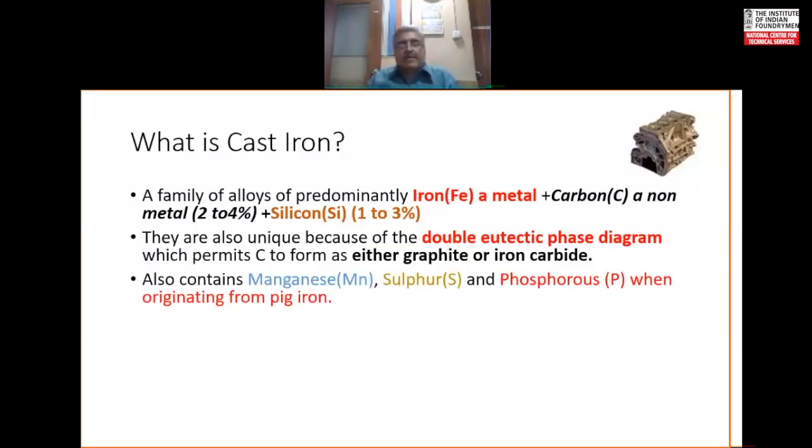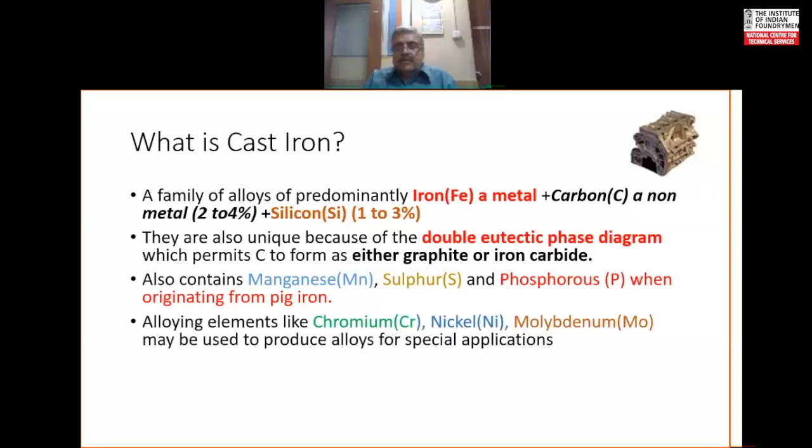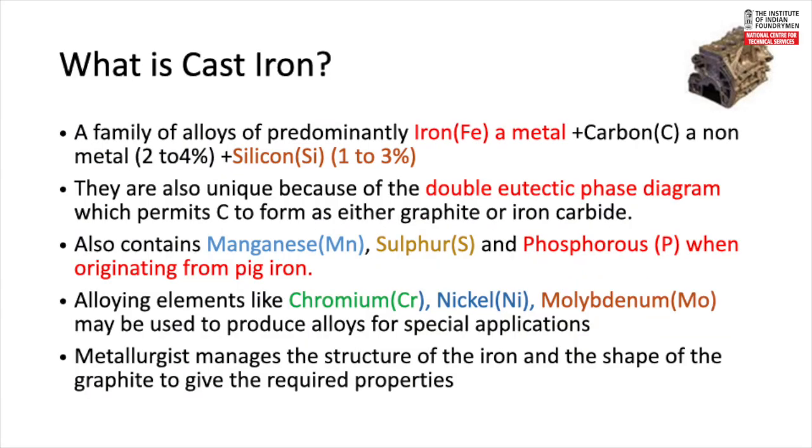Cast iron will also contain manganese, sulfur, phosphorus when it originates from pig iron as one of the input materials. Alloying elements like chromium, nickel, moly, etc. will be used to produce alloys for getting specific grades for special applications.